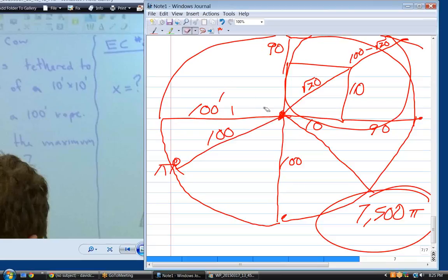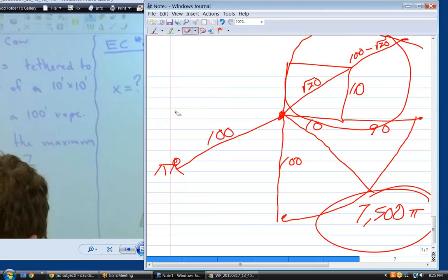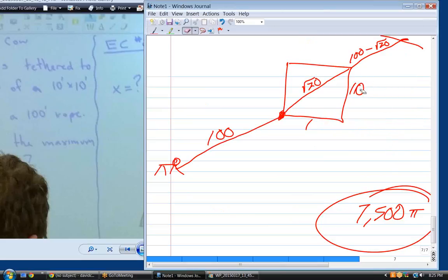Let's erase everything here that we don't need. Okay. So in other words, when the cow gets to here, that's 90 feet. Now it's essentially tethered at this spot, right? Yeah. And it could go 90 feet.